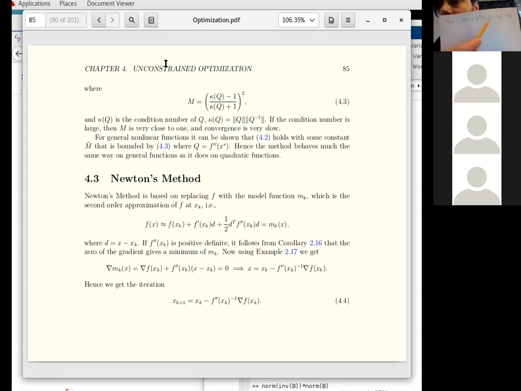So if we solve this, I'll do that one extra step. We get that the gradient of f at x_k plus f double prime operating on x minus x_k equals 0. Now we solve it for x.